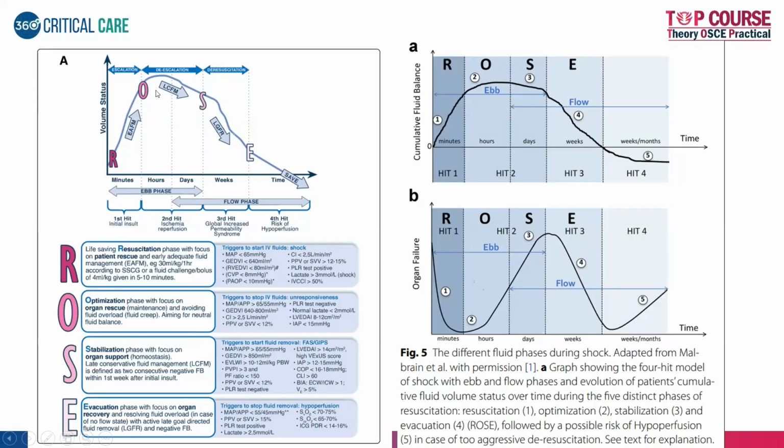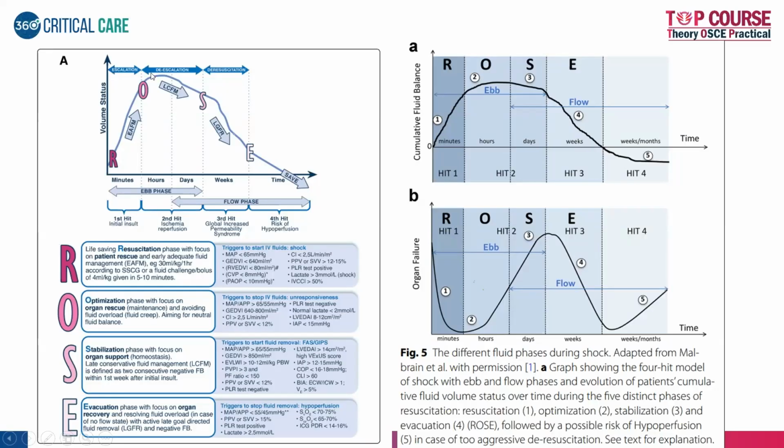Okay, so here what do we have to see? Again, you have to make sure that the MAP target is normalized, PLR is always negative, lactate is always maintained less than 2. Okay, so whenever there is some amount of volume overload which is happening, we need to de-resuscitate at that particular time. Okay, or else you have to maintain the fluid. Okay, so that is why here you can see, here it's escalation, here it is de-escalation also.